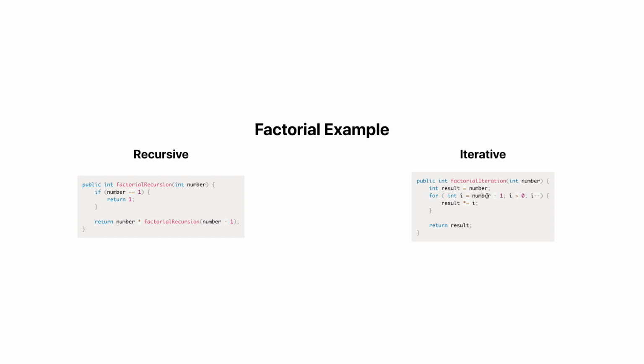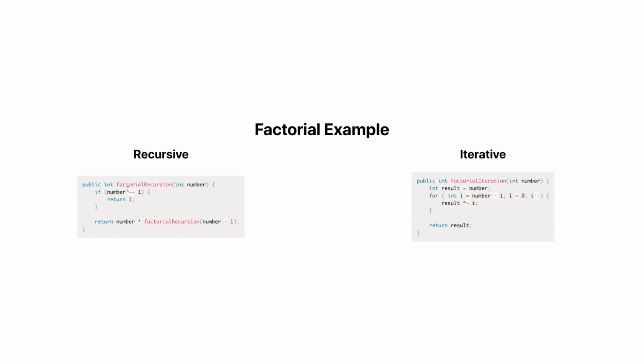We start one below whatever our number is, and we keep decrementing and doing result equals result times i. Then we return result. So if we have 5, this is going to do 5 times 4 times 3 times 2 times 1 to get our factorial, right?